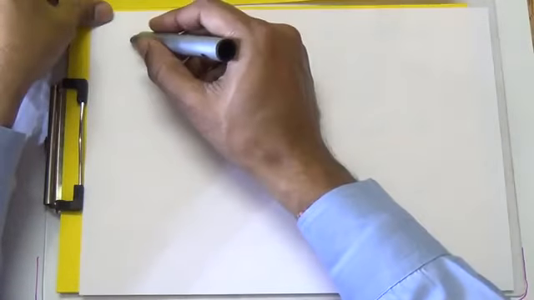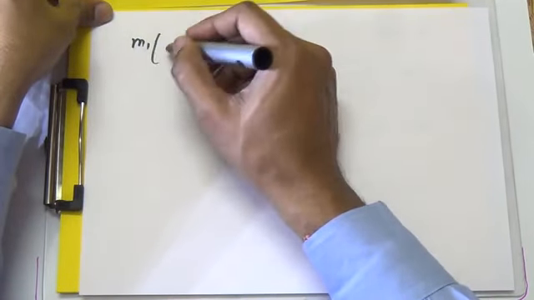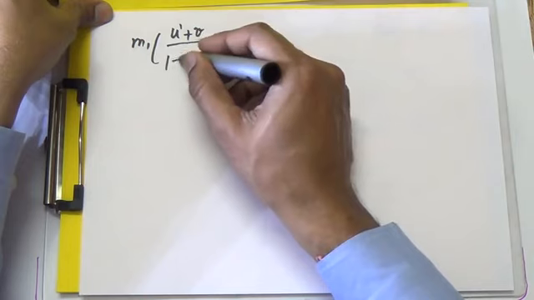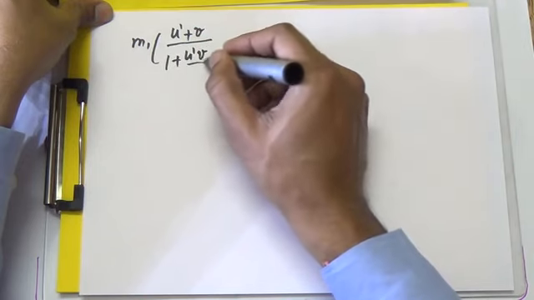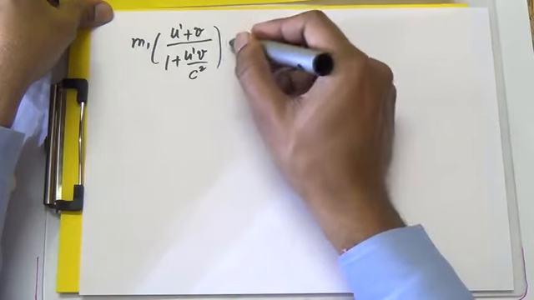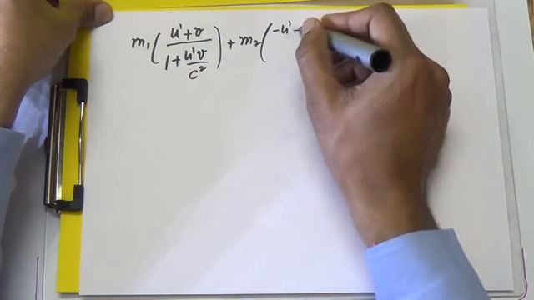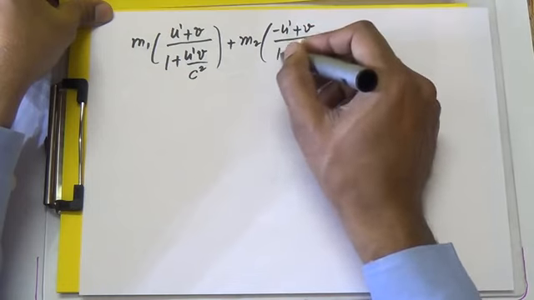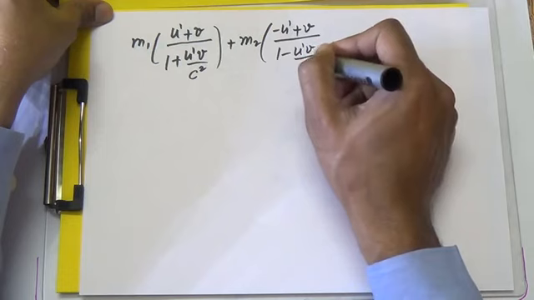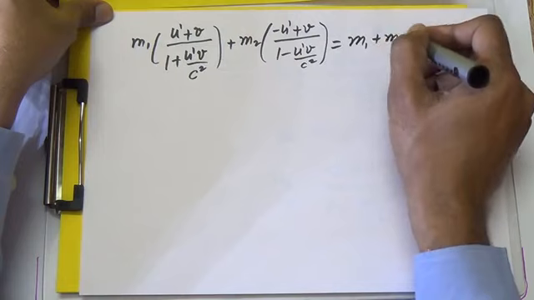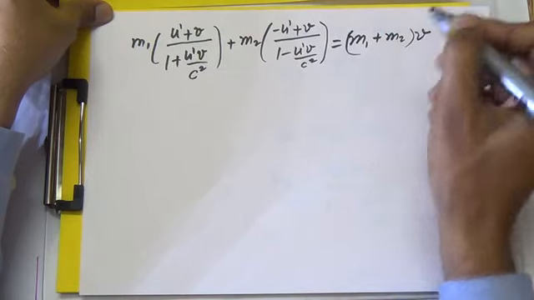So now putting this value, m1 u1 is equal to u prime plus v upon 1 plus u prime v upon c square, plus m2 u2 is equal to minus u prime plus v upon 1 minus u prime v upon c square, is equal to m1 plus m2, and this is our v.